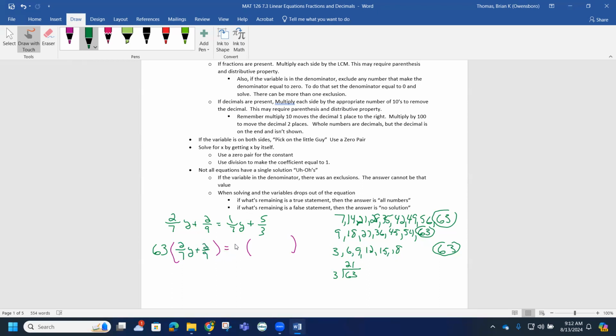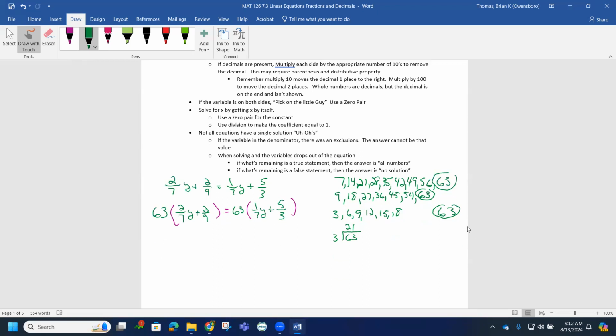And over here we have this 63 with this 1/7 y plus this 5/3. If you're able to identify that common multiple rather easily, this makes this problem pretty manageable. It really depends on how good your multiplication and division skills are.